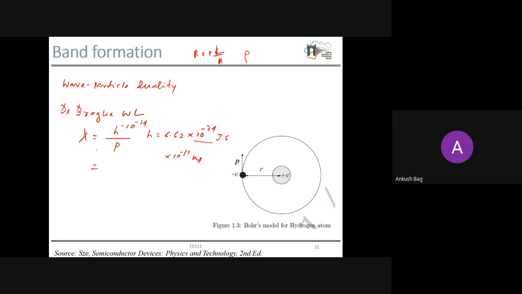If you use an electron microscope, we can even see electrons and other things. But whatever particles we see with our bare eye, we do not treat as a wave because of this Planck's constant. Okay, so this is the wave particle duality.